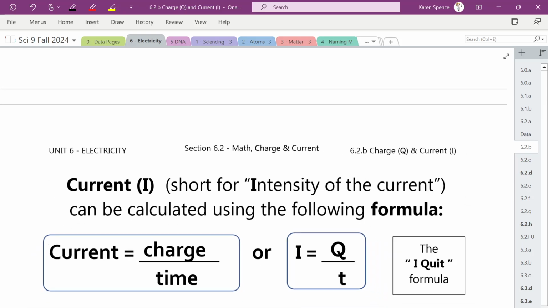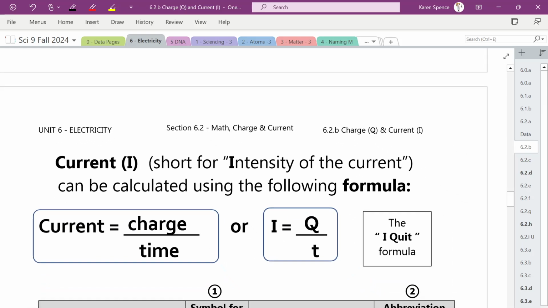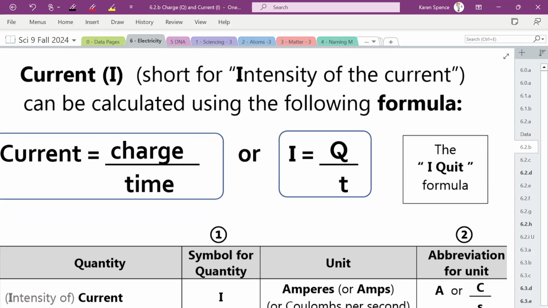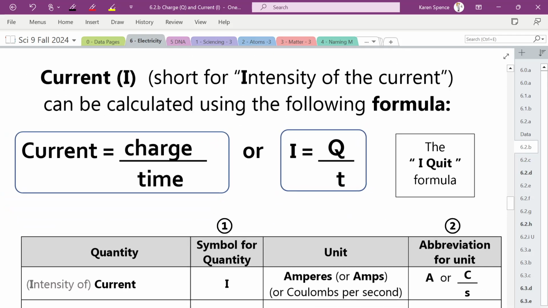All right. I stands for the intensity of the current. And now we have a formula that relates current and charge and time. Yes? So current is equal to the charge that passes a point in a given amount of time.